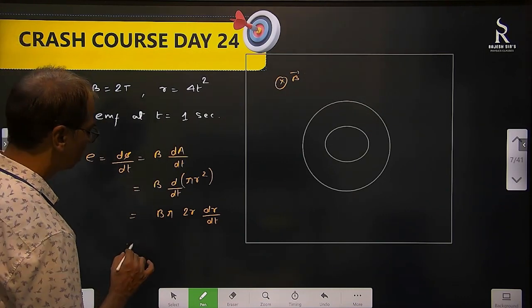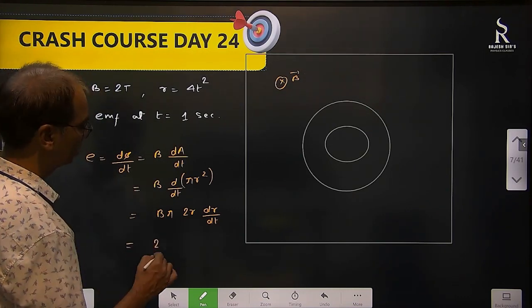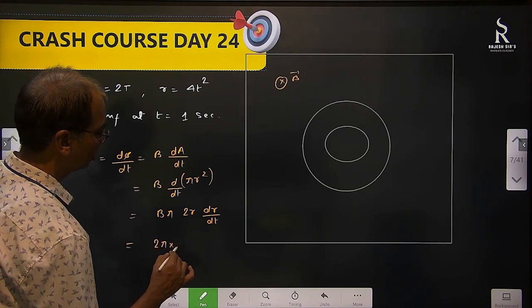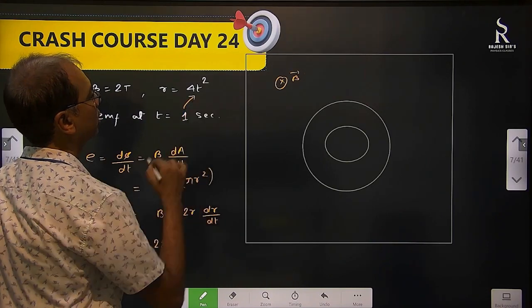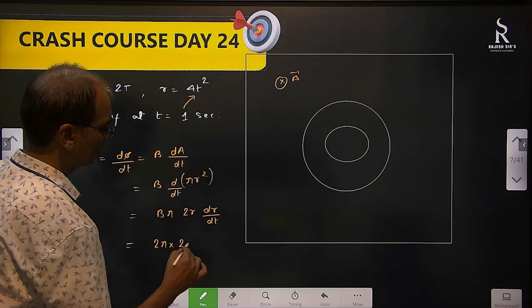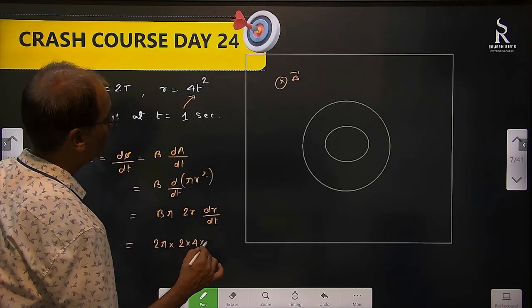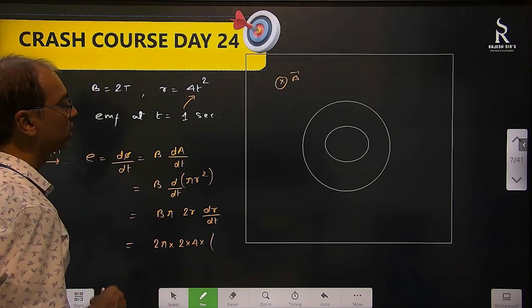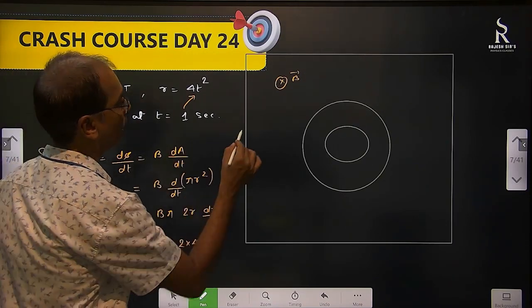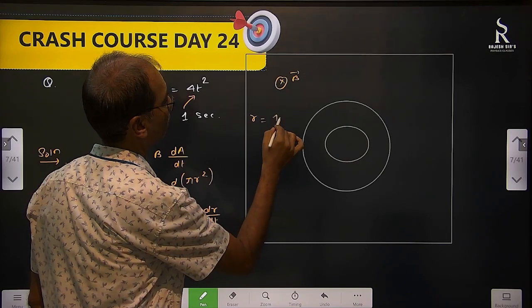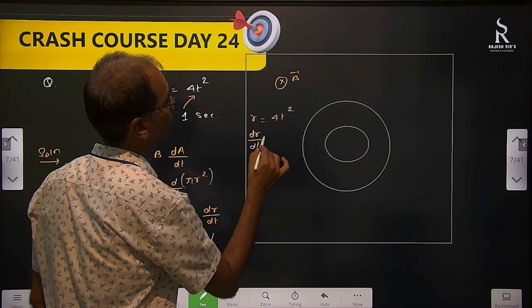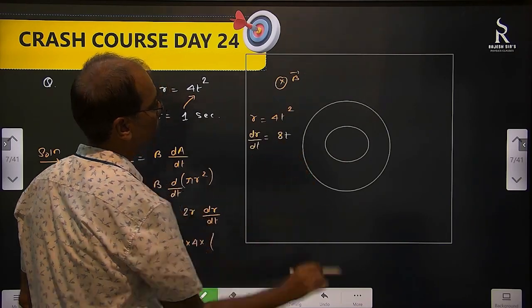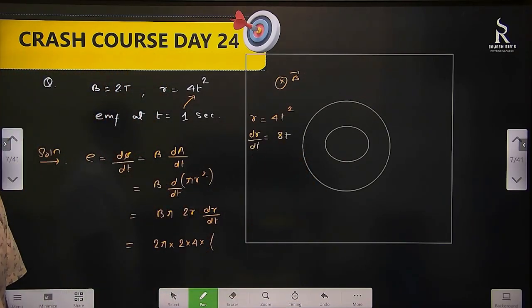Put the values. Magnetic field is 2. This is pi. Then 2 into r. r at 1 second is 4. Then dr by dt. Now what is dr by dt? Let's see. r is equal to 4t square, so dr by dt is 8t.